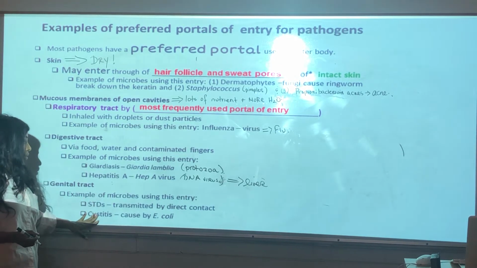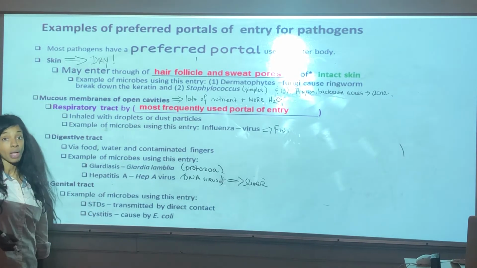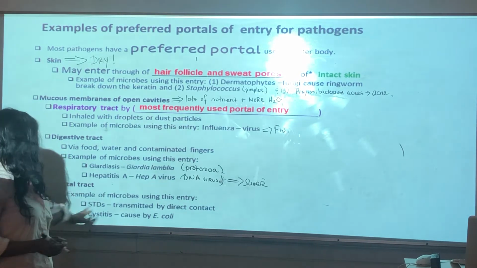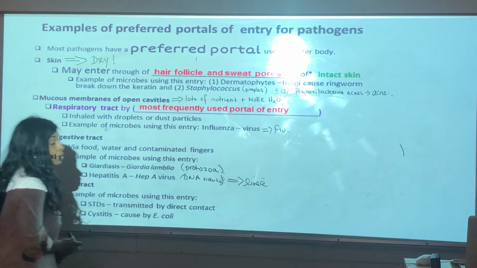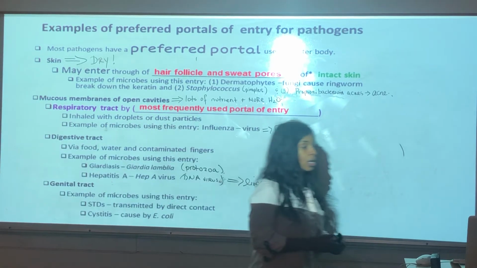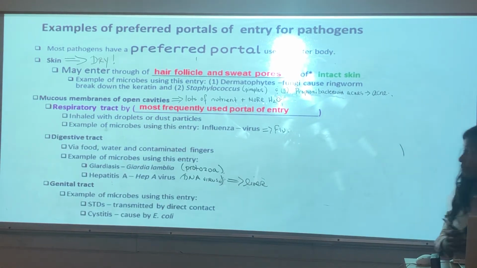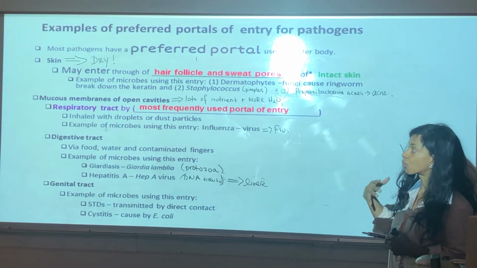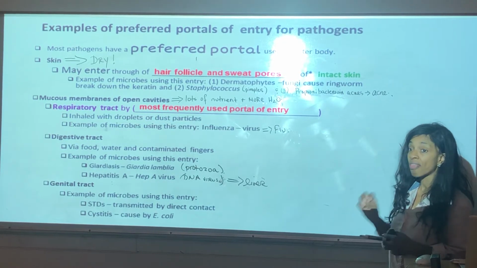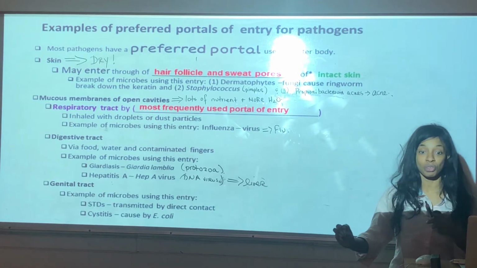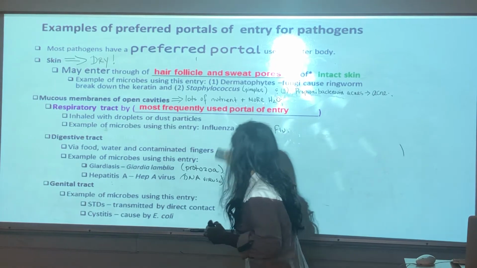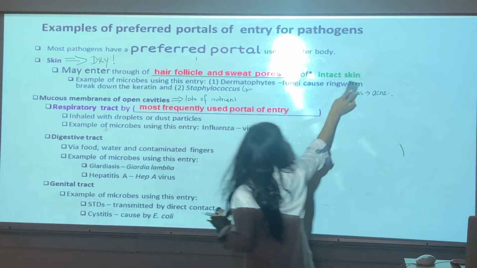And on the last slide, I mentioned E. coli infecting where? Where did it infect to cause cystitis? So it infected the bladder cells, all right? So specifically that area of the mucous membrane. All right, so again, the preferred portal of entry is where the organism normally enters. They have a site of attachment in that specific region, and this allows them to successfully enter their host cell.